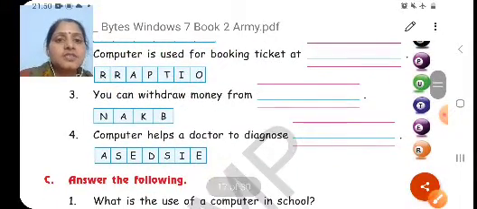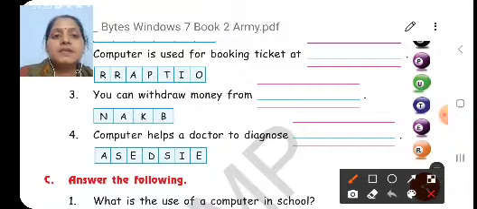And the last one is children, computer helps a doctor to diagnose disease.